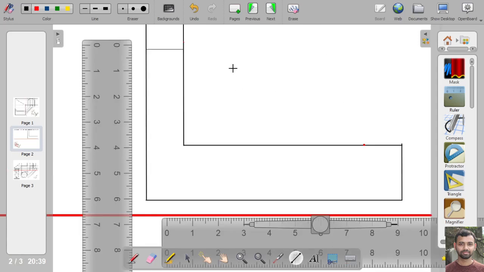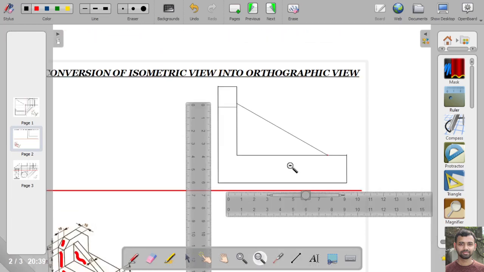Now we will connect these 2 points. This one and this. Okay, so we have connected these 2 points.